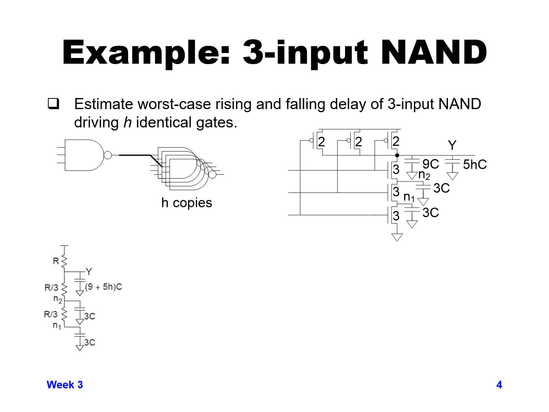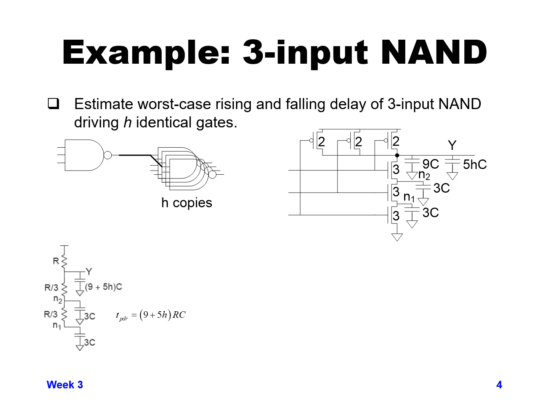But the output is connected to the 9 plus 5H times C. So the total capacitance is (9 + 5H) times C. The propagation delay would be that capacitance value times the resistance R, and we get our rising propagation delay of (9 + 5H) times RC.